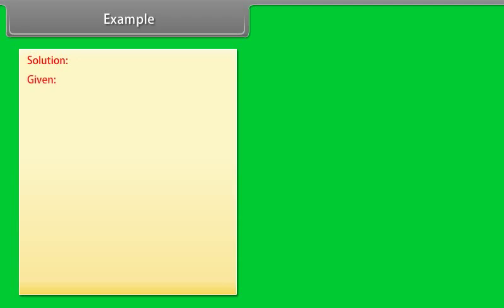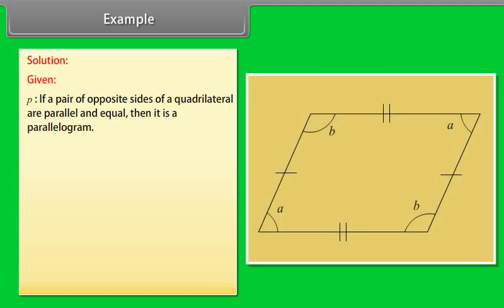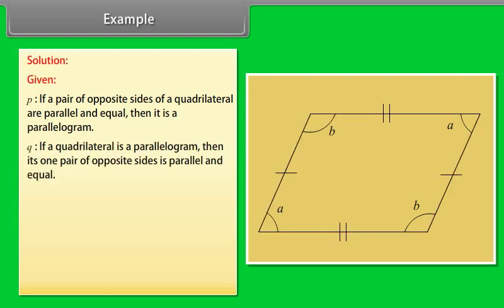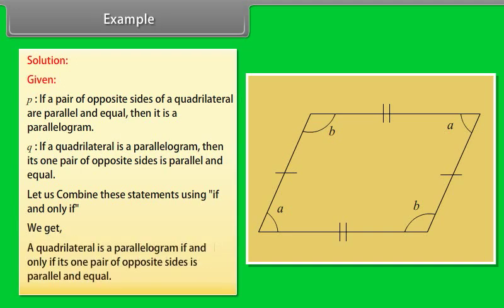P is a statement that if a pair of opposite sides of a quadrilateral are parallel and equal, then it is a parallelogram. Q is a statement that if a quadrilateral is a parallelogram, then its one pair of opposite sides is parallel and equal. Solution. Given the statements P and Q, let us combine them using if and only if. We get, a quadrilateral is a parallelogram if and only if its one pair of opposite sides is parallel and equal.